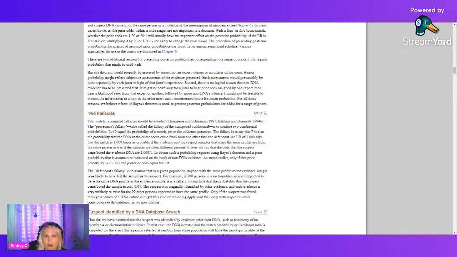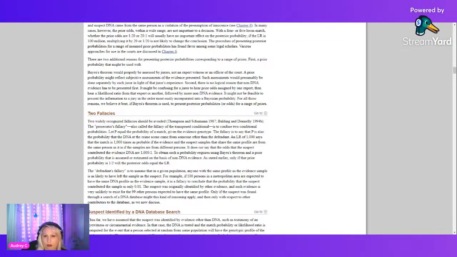Let P, I guess that stands for probability, equal the probability of a match given the evidence genotype. The fallacy is to say that P is also the probability that the DNA at the crime scene came from someone other than the defendant.